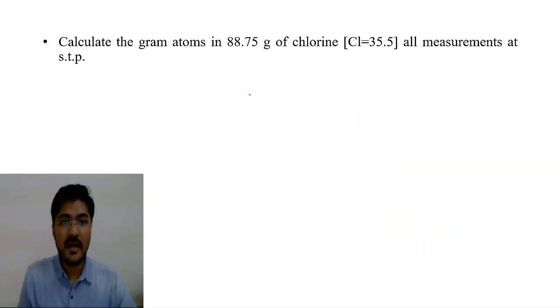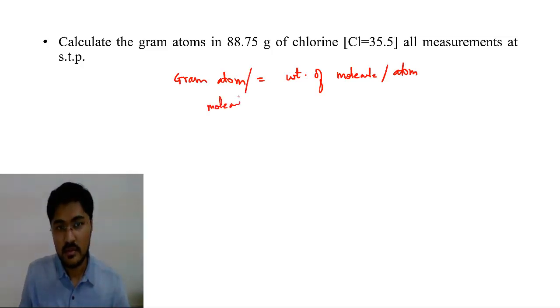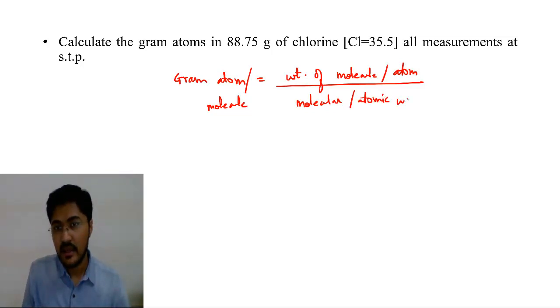Calculate the gram atoms in 88.75 grams of chlorine, all measurements at S.T.P. Now the formula of gram atom is equal to the weight of the atom or molecule divided by the atomic or molecular weight.